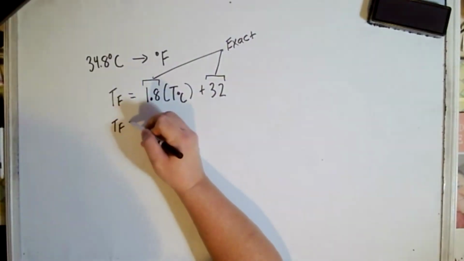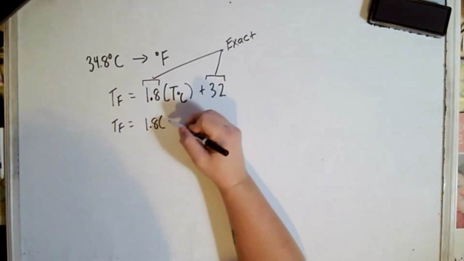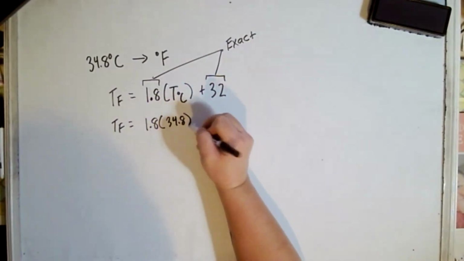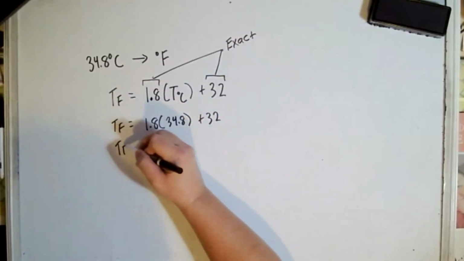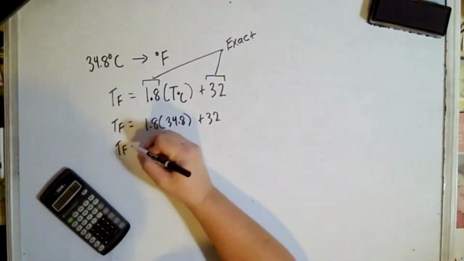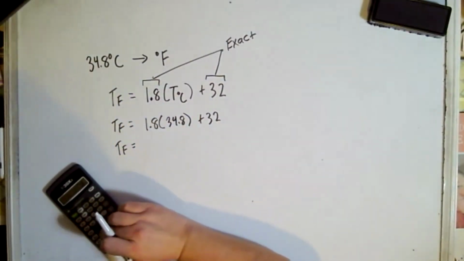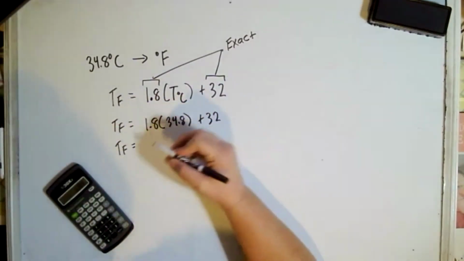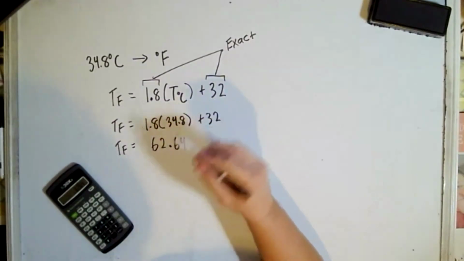So in our first step, we're going to do 1.8 times 34.8, and we end up with 62.64.